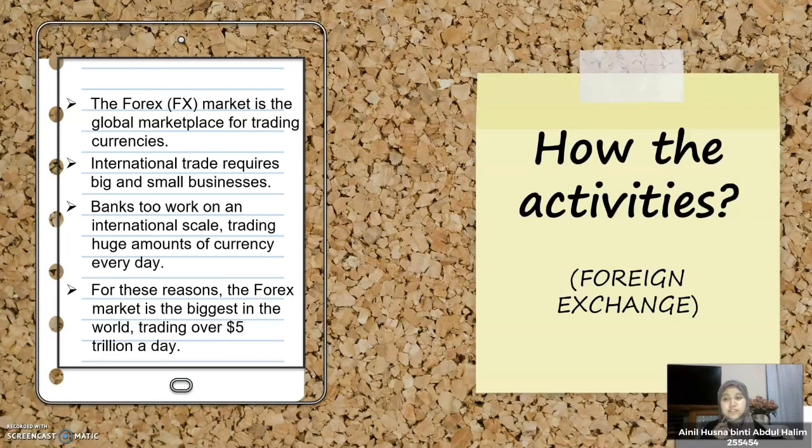International trade requires it, and so do small businesses. Whoever buys or sells a particular currency is accessing the forex market. That means if they buy or sell money in another country's currency, they have already accessed the forex market.